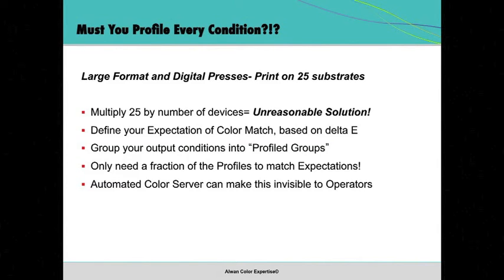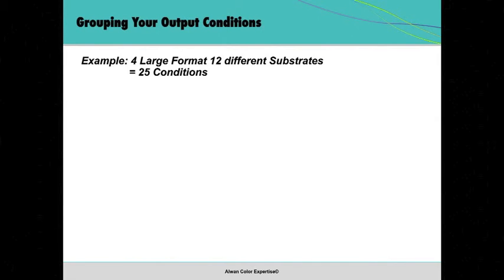Is that feasible? No, not at all. So we've come up with a way to help define your expectation for a color match based on delta E, and then it'll group the output conditions into profiled groups, so you only need a fraction of the profiles to get done what you need to get done.